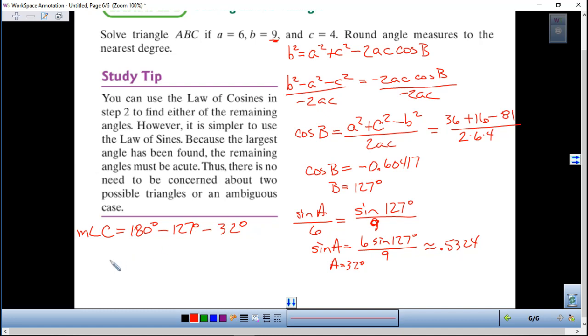And we get that angle C is 21 degrees. So there is all of our information. So, not real tough, is it?